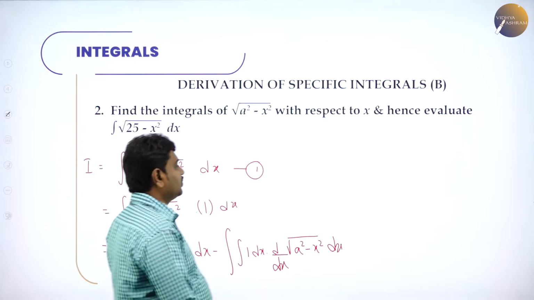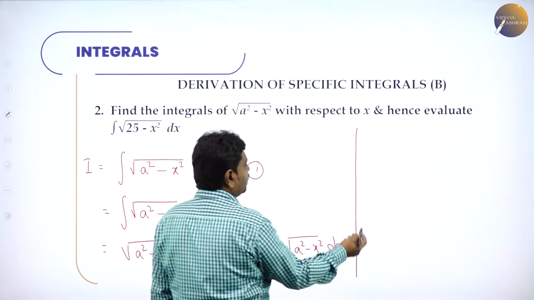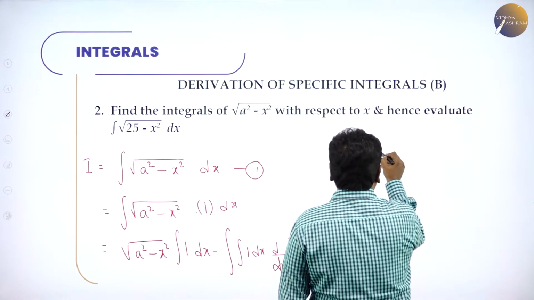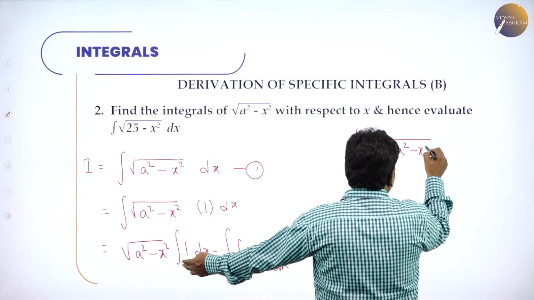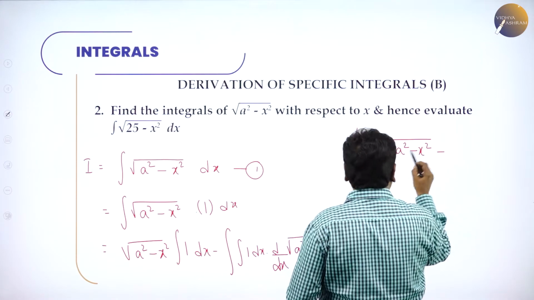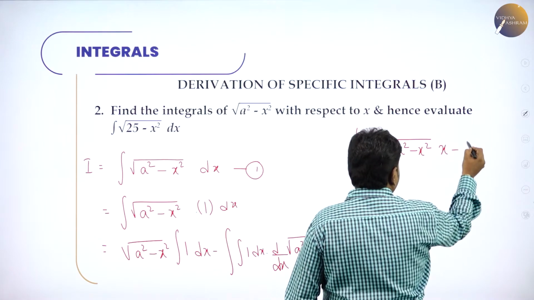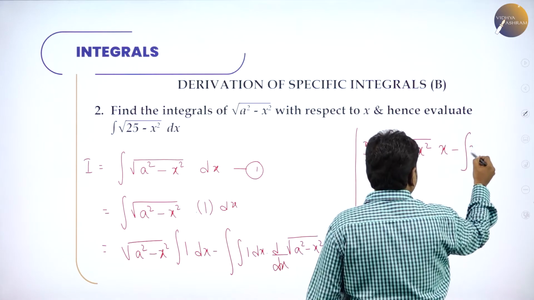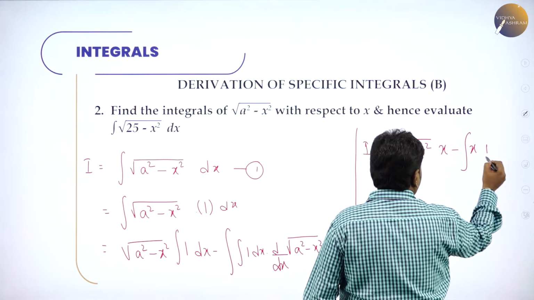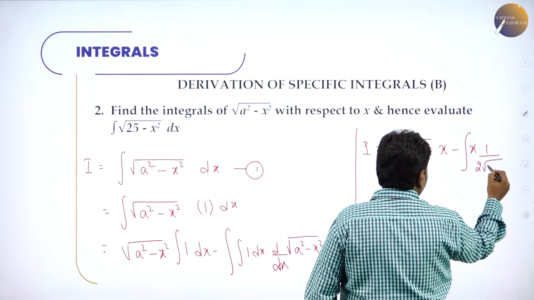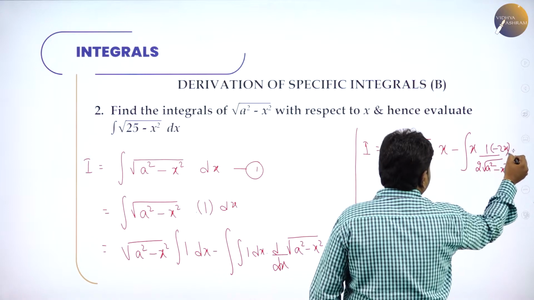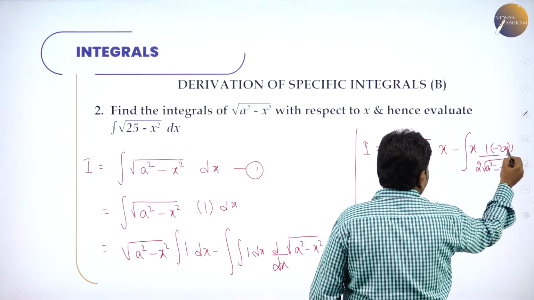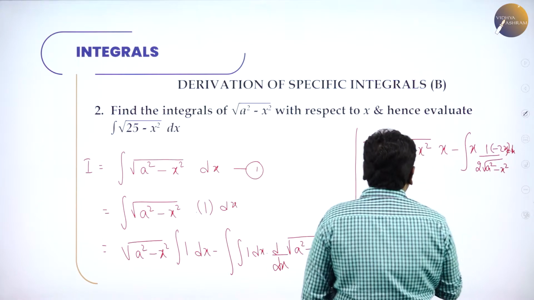Now simplify this. We get I is equal to root of a square minus x square into integration of 1, which is x, minus integration of 1, which is x, into the derivative of this, which is 1 by 2 times root of a square minus x square into minus 2x, by chain rule, with respect to dx.